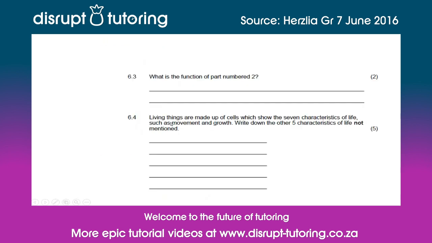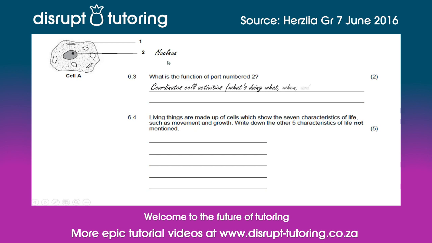Now, question 6.3 asks, what is the function of the part numbered 2? Let's remind ourselves that part number 2, as we labeled just a few seconds ago, is the nucleus. Now, the nucleus has a very important function because it coordinates all of the cell's activities.